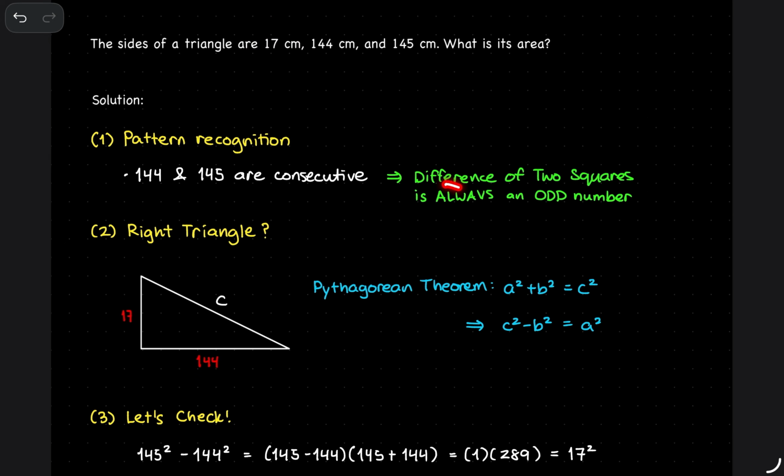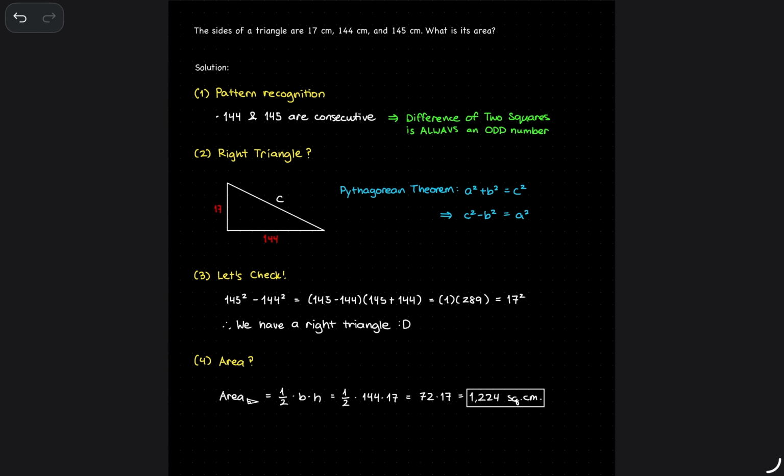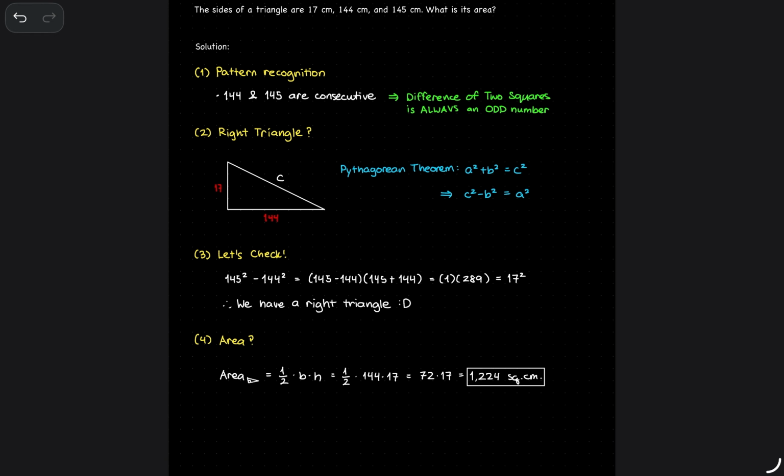So usually two of the numbers will be consecutive, and then the third one hopefully must be odd, so there's a high chance that this technique would work. And then from there, just verify that it is indeed a right triangle. Once you are sure about that, its area is easy to get.